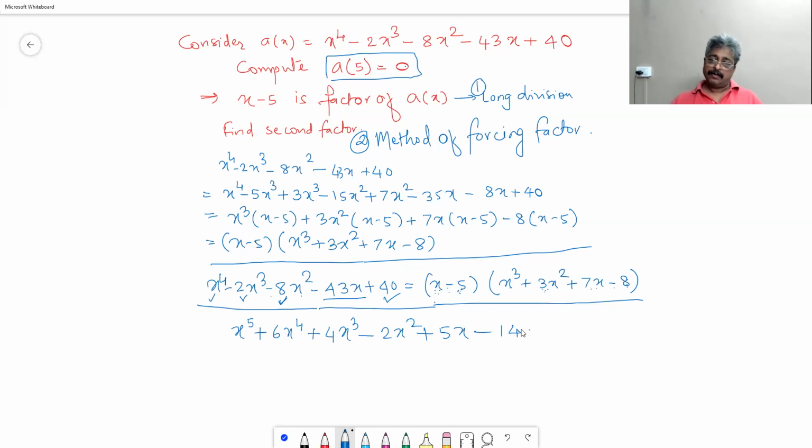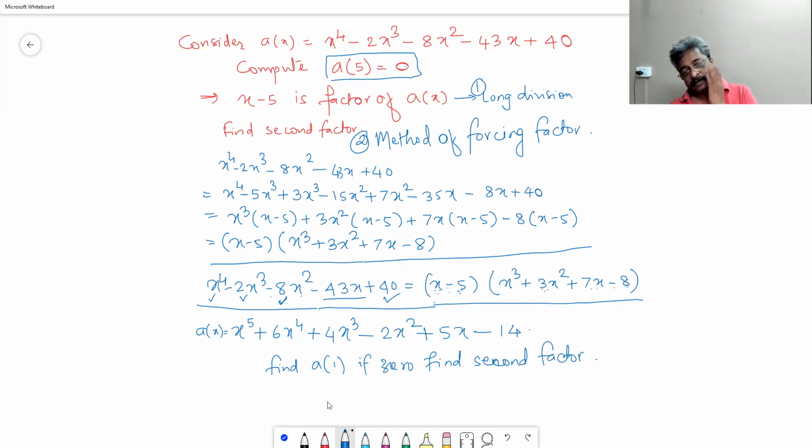Okay, find a of 1. If 0, find second factor.